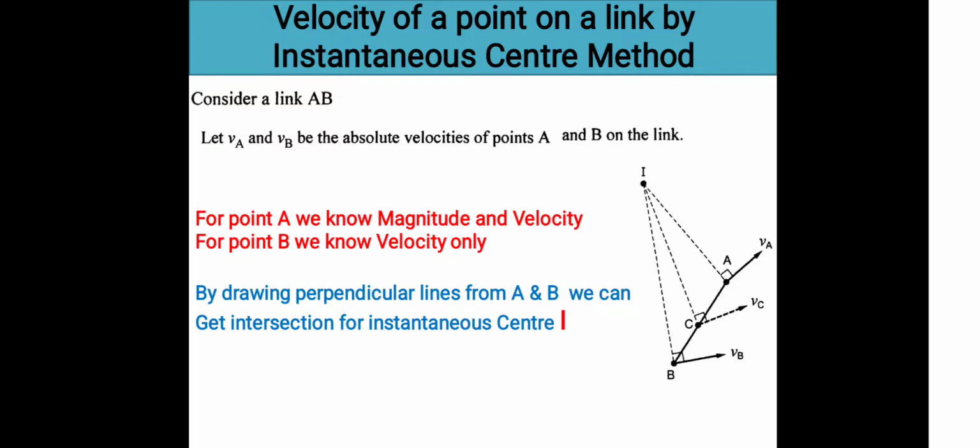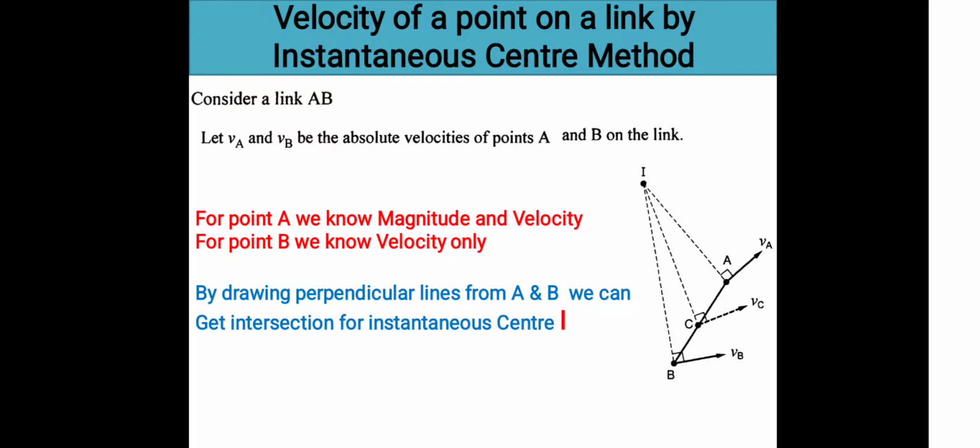Velocity of a point on a link by the instantaneous center method. Consider a link AB having points A and B at the ends and C as the midpoint.